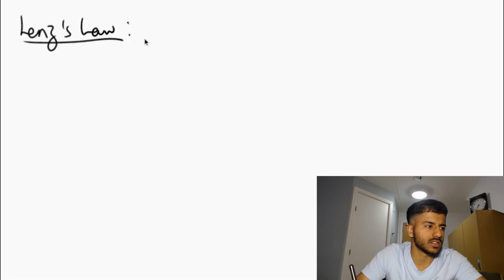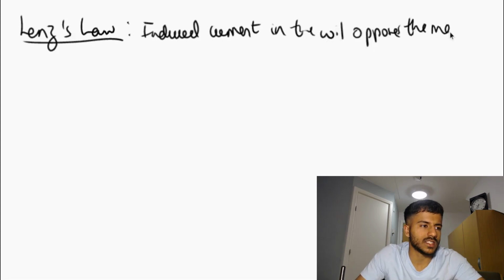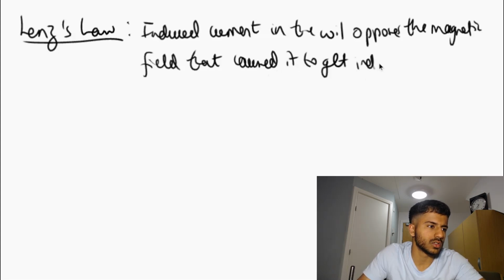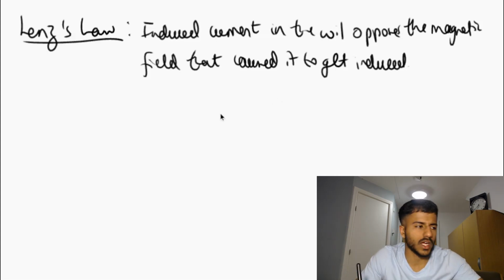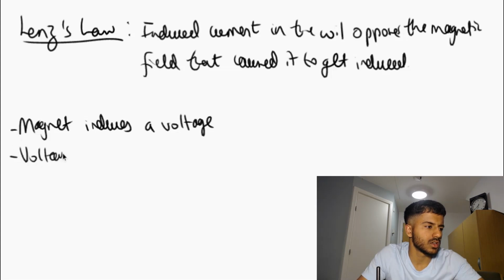And Lenz's law states that the induced current in the coil opposes the magnetic field that caused it to get induced. And here's what that means. Well, as this magnet falls through the coil, the magnet induces a voltage. And because there's a voltage across the coil, a current is produced.